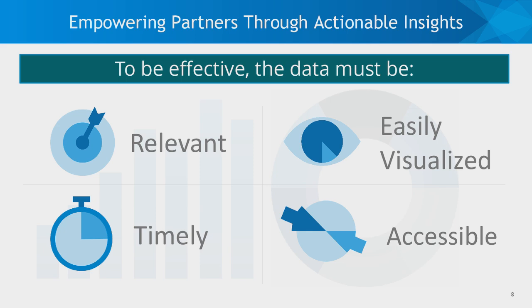So any type of project or problem that you're working on, these visualizations that we present to you need to address those particular things. Second, it needs to be timely. The information that we get to you needs to be real time and accurate, so you're getting the very latest information and can make the best decisions based on it. Third, it needs to be easily visualized.